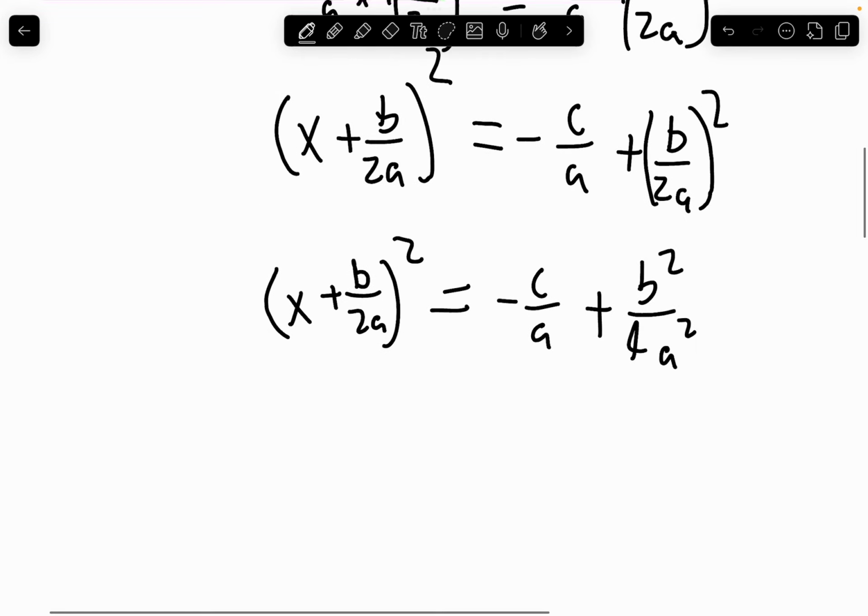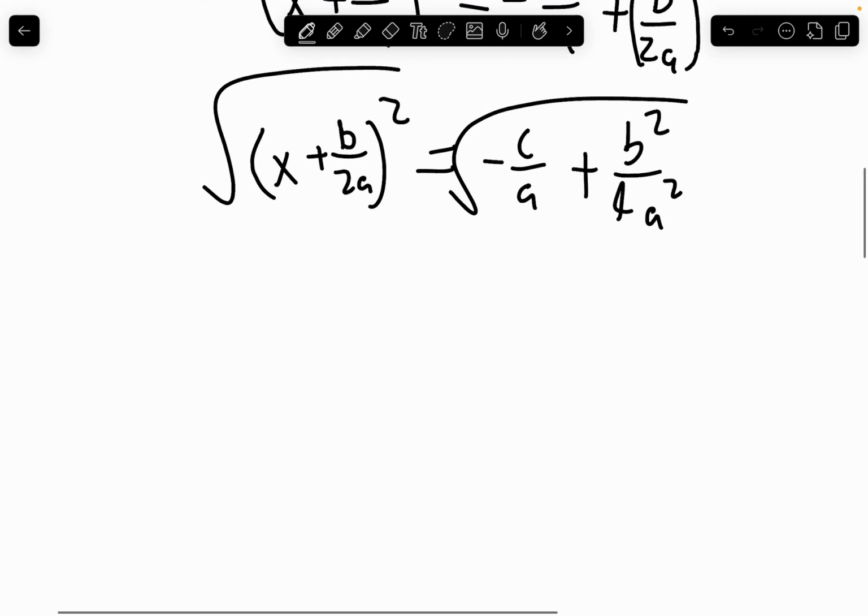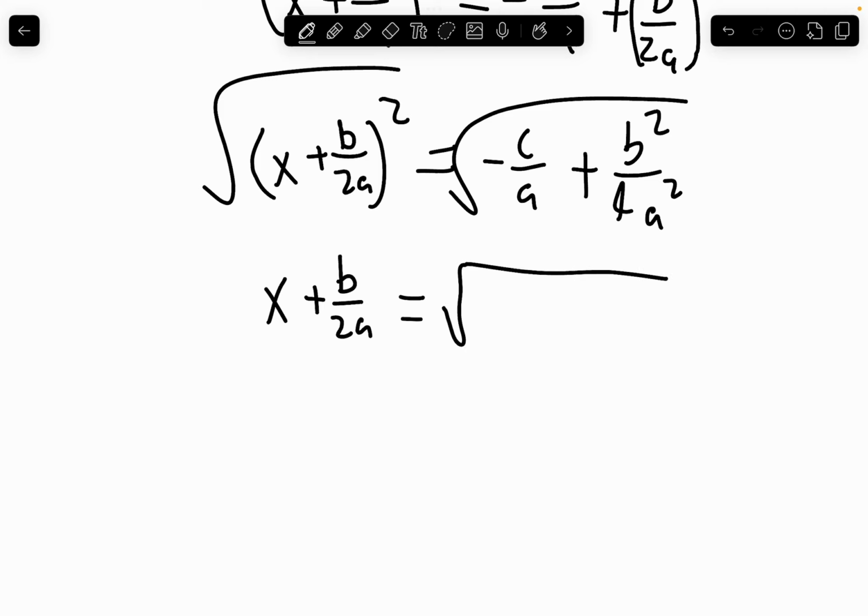Now we have to take the square root of both sides of the equation. I forgot the plus or minus. The plus or minus is important since we want to make sure to get both the positive and negative of the equation.